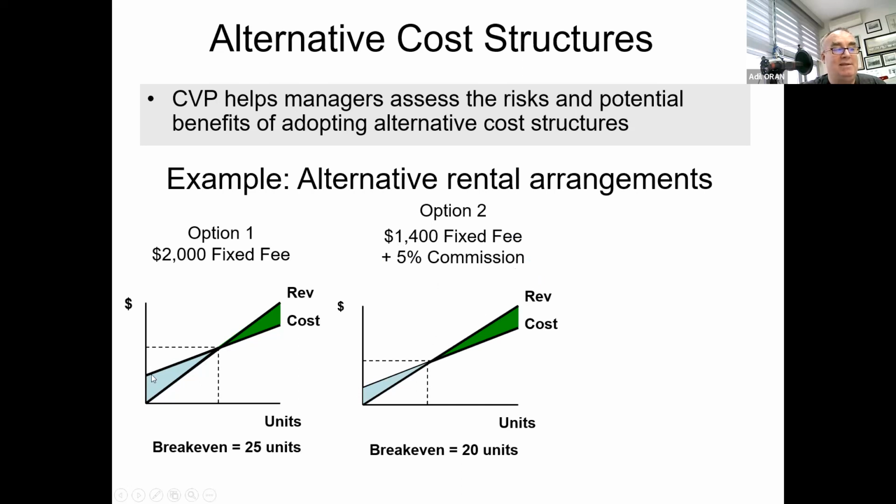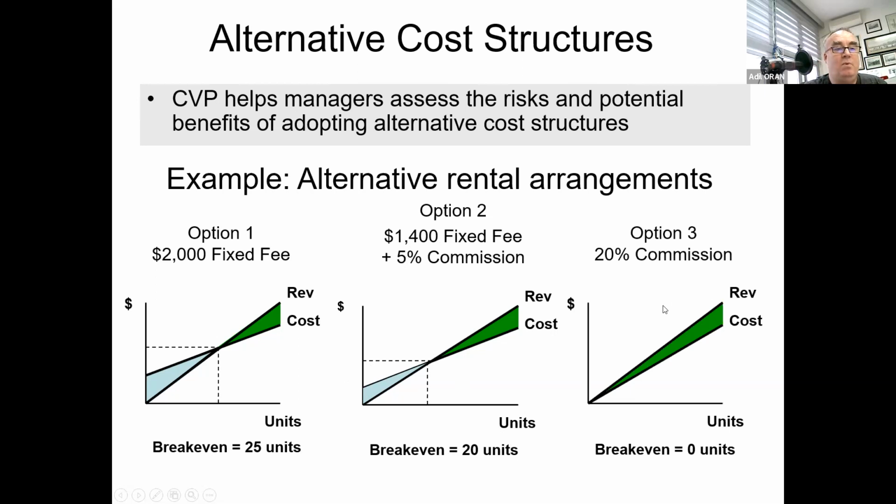So what that's doing is changing your break-even point, but is also changing the slope of your cost. Now, the fixed cost is coming down, but the slope actually is going up. And what will be the net effect of reducing fixed cost by 600, but increasing your cost by 5%? And here we can determine graphically that the break even actually is coming down by 5 units, down to 20.